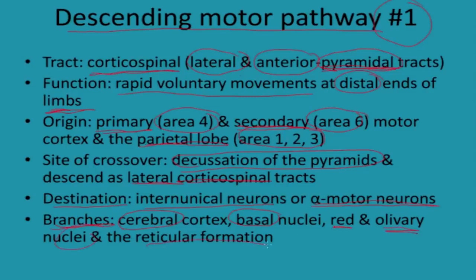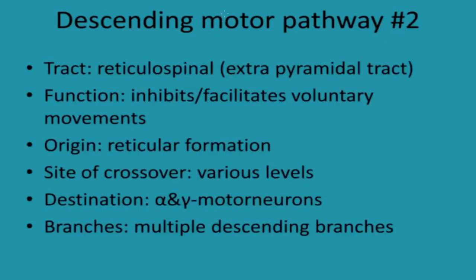So guys, on to the second descending motor pathway, known as the reticulospinal tract. This is the first of the extrapyramidal tracts. As I mentioned previously, only the corticospinal tracts are known as pyramidal because they form the pyramid of the medulla oblongata.